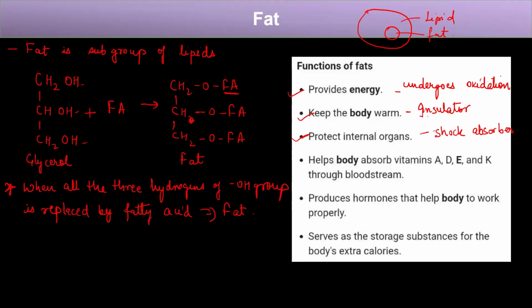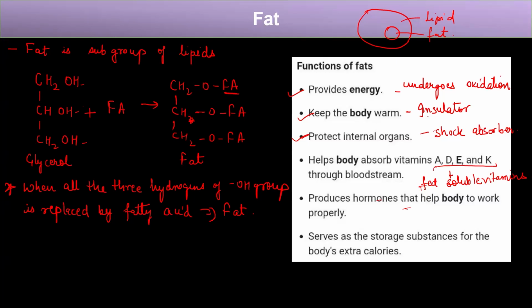There are different types of vitamins, but these four vitamins, A, D, E and K, are fat soluble vitamins, and fat helps in their absorption by the body. Because the ultimate goal of whatever we eat is absorption.